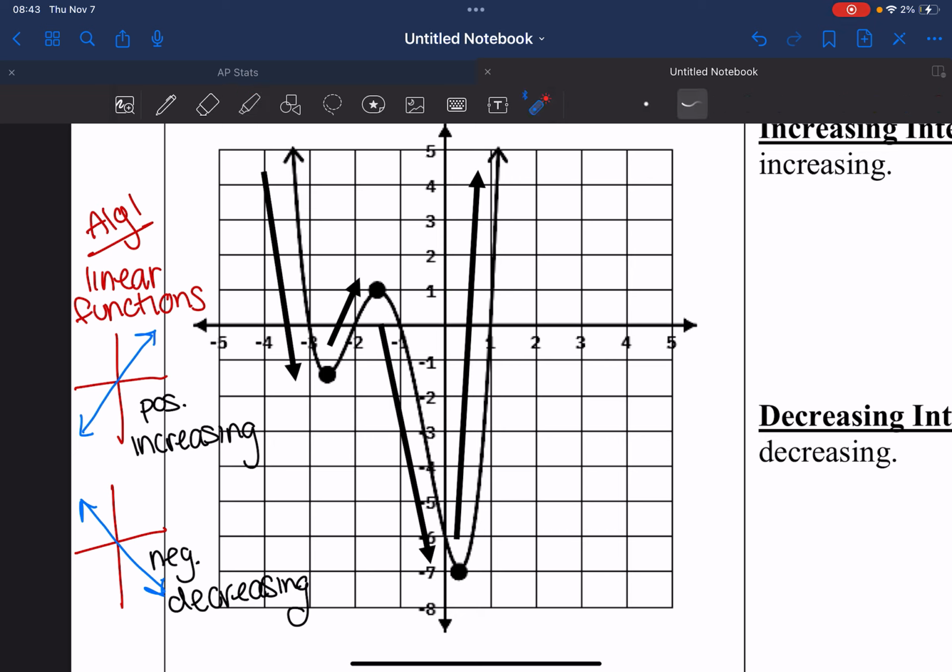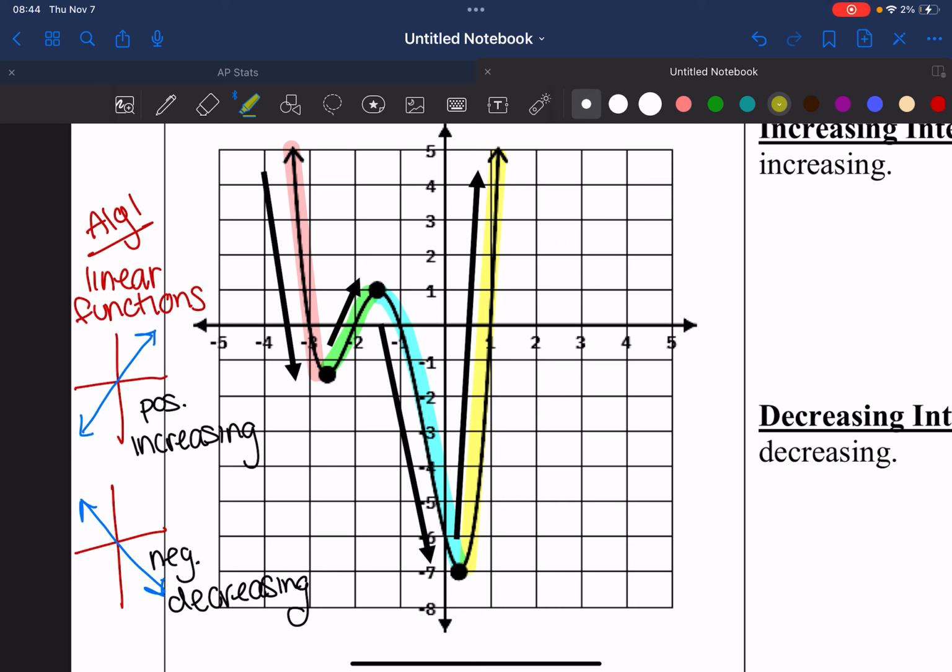Notice here, at the turning point of each of these points, it's starting to go down and then it goes back up, starts to go up, then it goes back down, starts to go down and goes back up. These are our separators between our intervals. So we have this first one, this next one, this third one, and this fourth one.